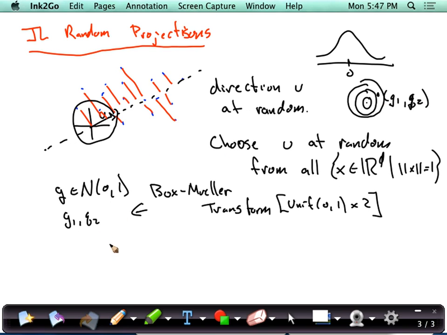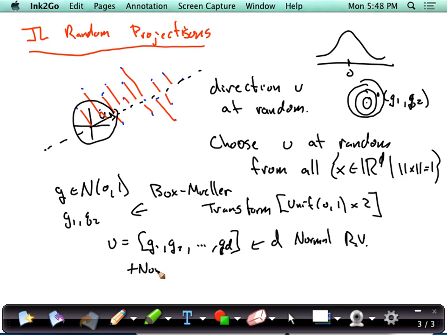Okay, so in order to create a direction U, I take G1, G2, up to GD, which is D normal random variables, and then I normalize this so the length is 1.